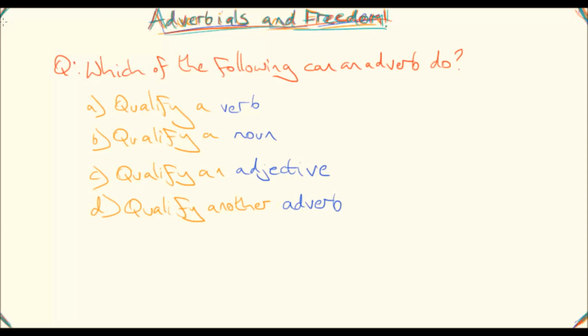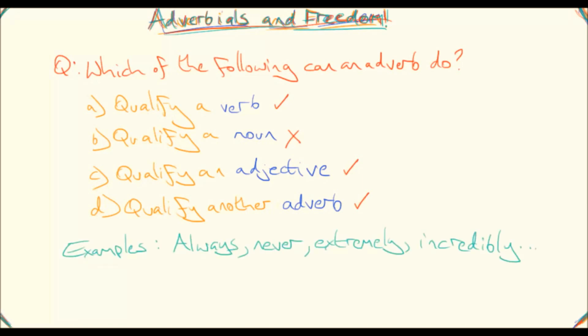Well, I hope you remember from the first lesson that in fact the only thing from this list that an adverb cannot do is qualify a noun. So it can't qualify a noun, but it can qualify a verb, an adjective, and another adverb. Let's take a look at some examples of this.